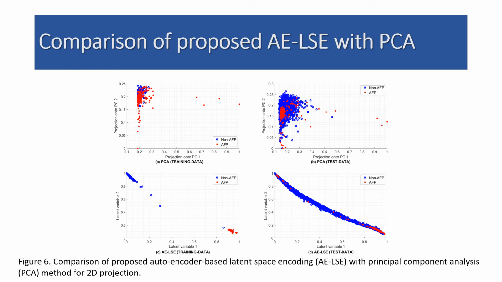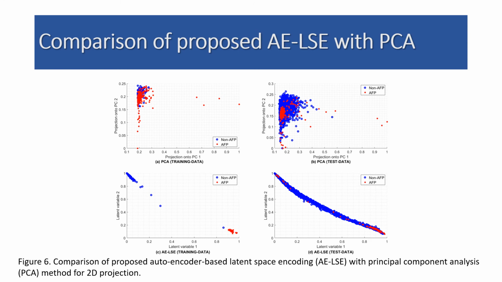The proposed nonlinear autoencoder based latent space encoding method presents superior learning capabilities as can be seen in figure 6C, and maps AFPs and non-AFPs in separate regions in contrast to the linear unsupervised subspace learning method of PCA as can be seen in figure 6A.